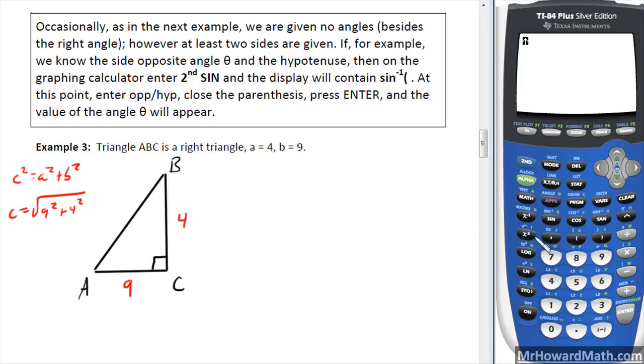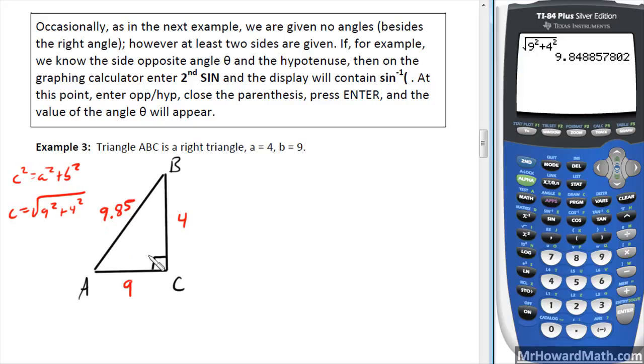So put that in our calculator. 9 squared plus 4 squared, and we get 9.85 approximately. So this side is 9.85. Now we have all three sides, and we know that one of our angles is 90 degrees. Now we need the others.